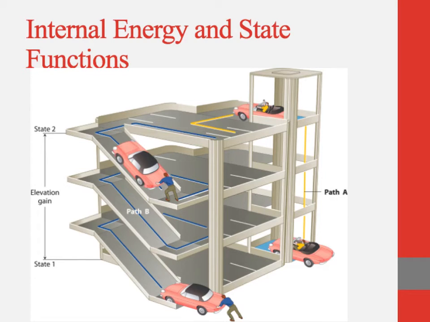Here's yet another example. You have a parking garage. The altitude at the ground level, state 1, and the altitude at the top floor of the garage, state 2. That represents some change in altitude.